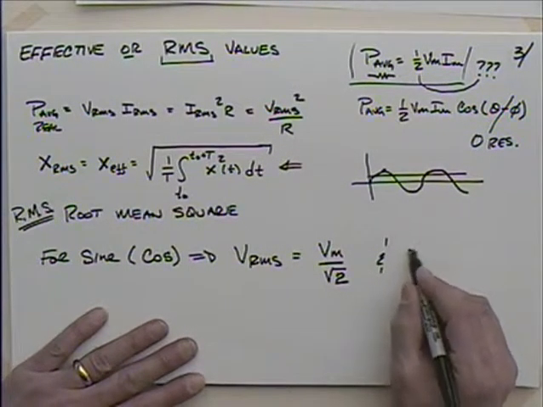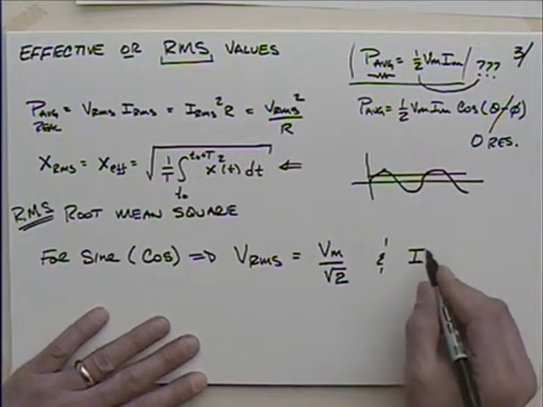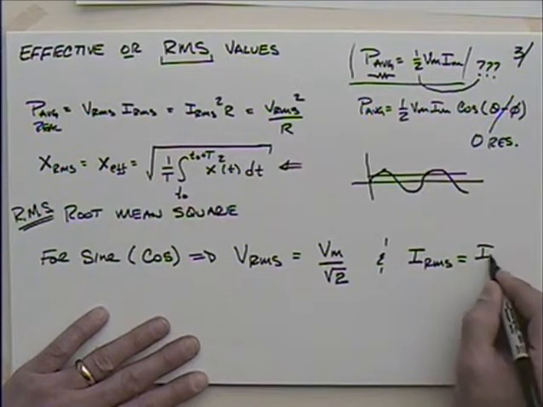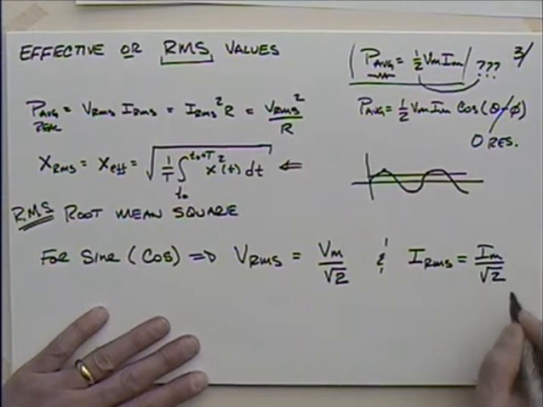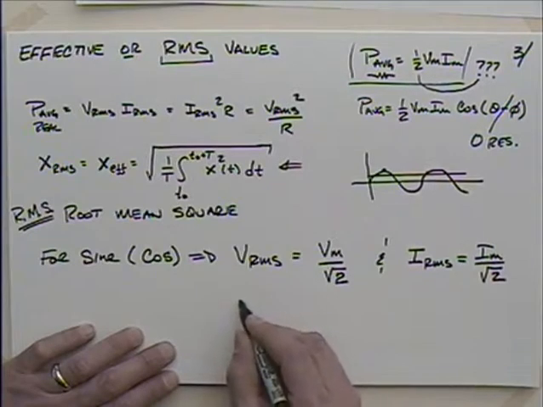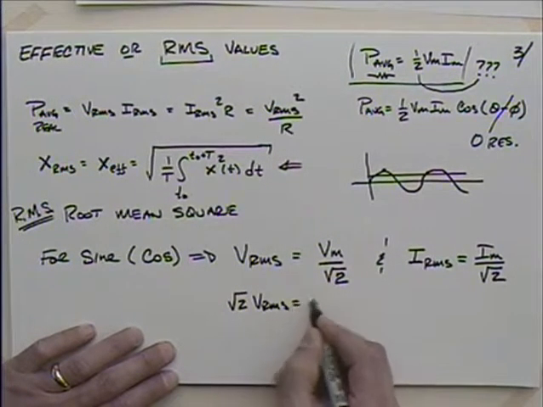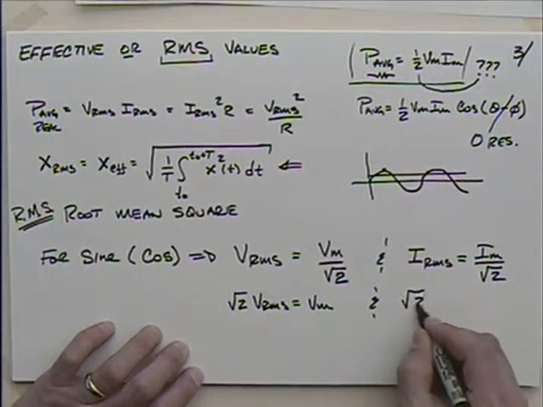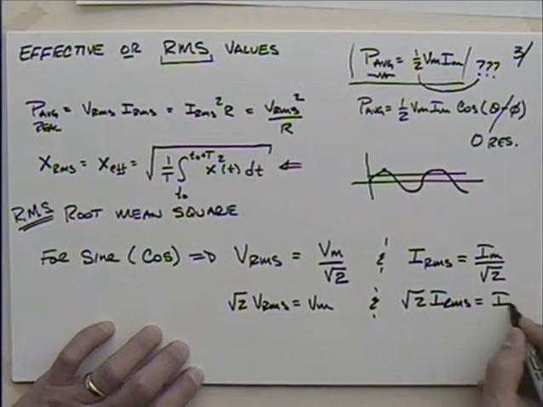We could say that the magnitude, and you'll notice I'm not writing these with the phasor dot because they're just the magnitudes, the magnitude RMS for the current would be equal to the peak value of the current, I max, divided by the square root of 2. Now I could rearrange these and say that root 2 times V RMS is equal to V max, and that root 2 times I RMS is equal to I max.